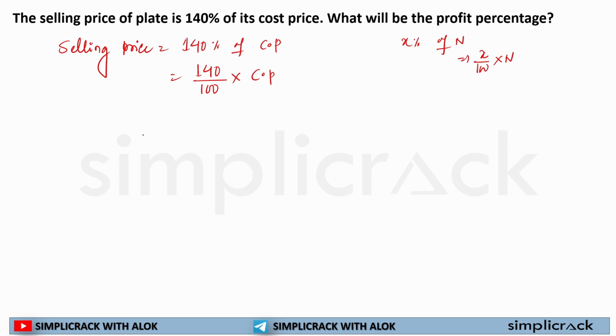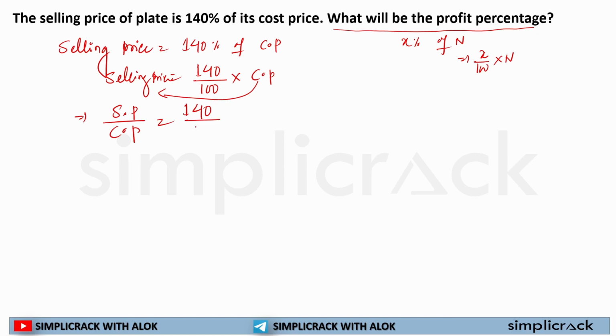Now it is asked what will be the profit percentage. In order to find the profit percentage, I need selling price and cost price. Here selling price is 140 by 100 into cost price. Can I write selling price divided by cost price is equal to 140 by 100? I can write, because of cross multiplication.